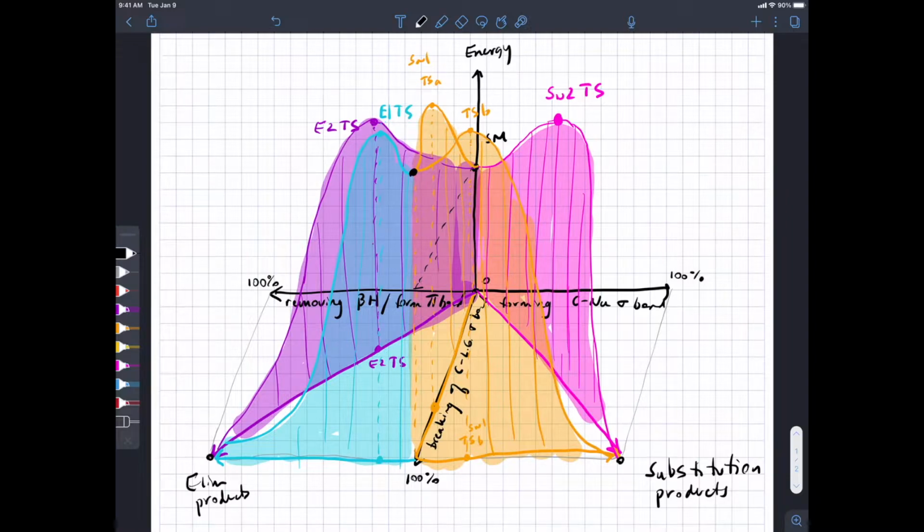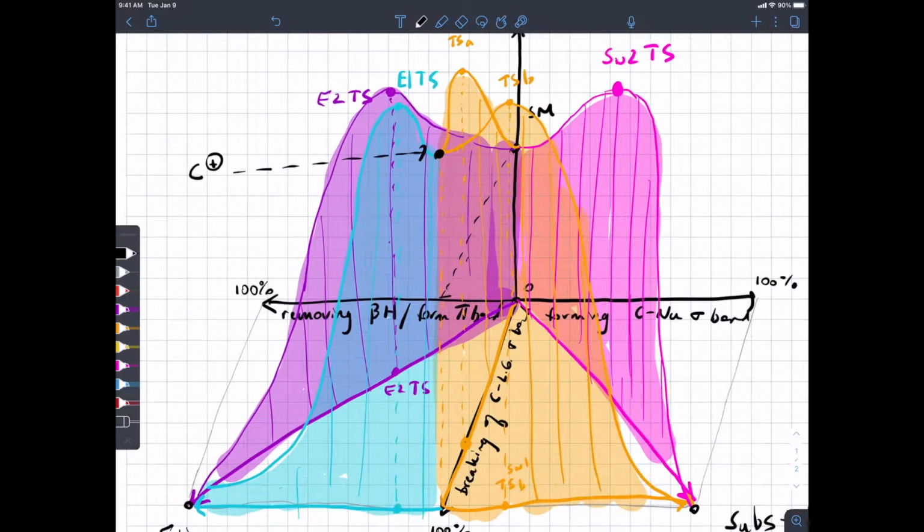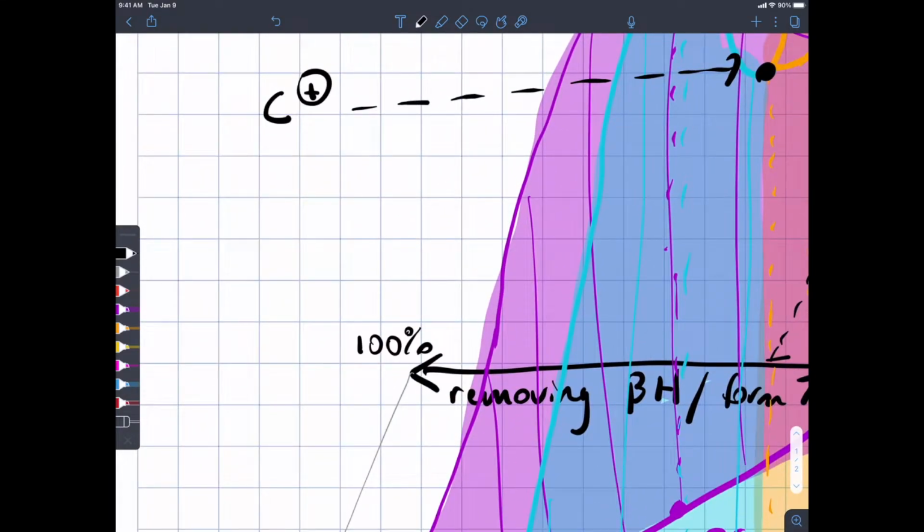because that one is our carbocationic intermediate, which I'm just going to label like this. And we already know what makes a carbocationic intermediate more or less stable. We're going to move that carbocationic intermediate down in energy as we go from a primary to a secondary to a tertiary carbocation. And we'll go in the opposite direction for the rate.